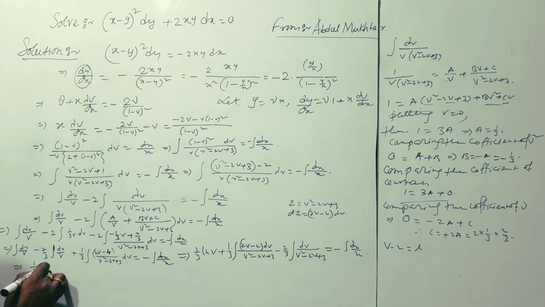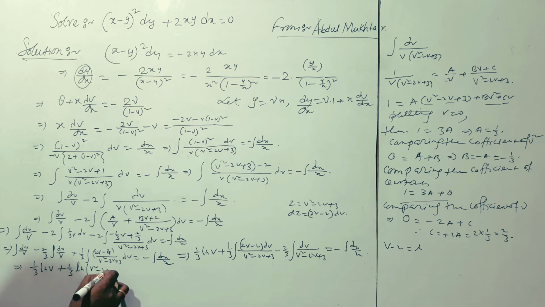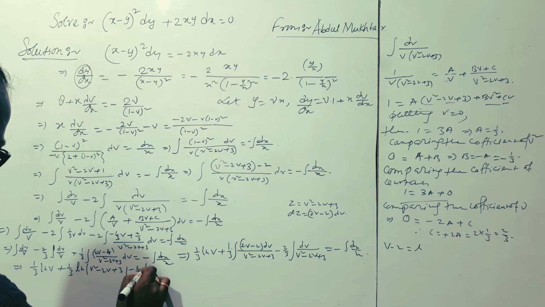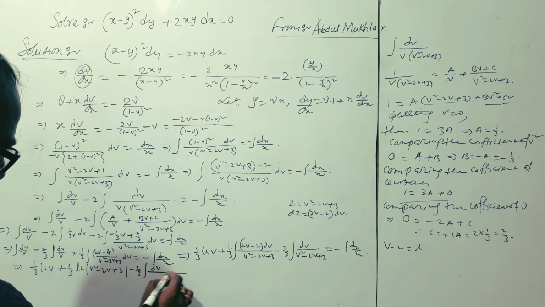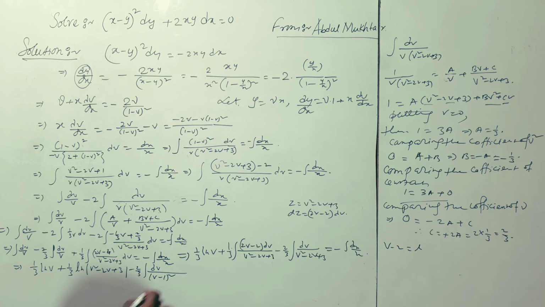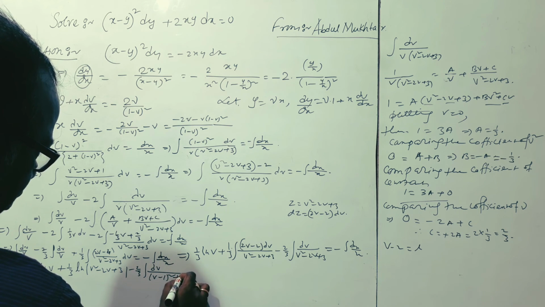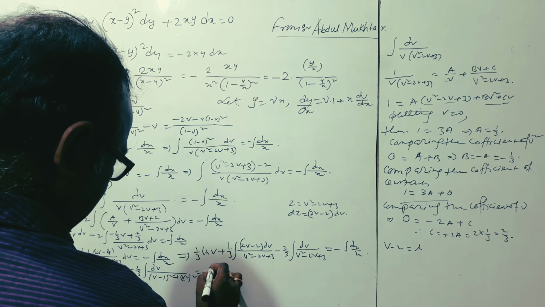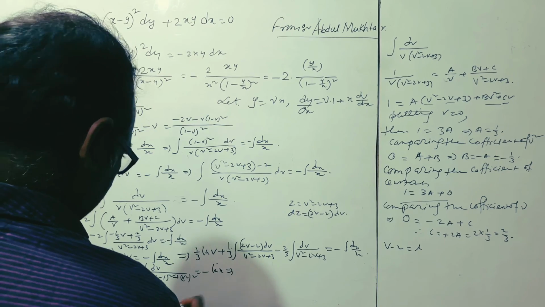One third ln v, one third ln mod of v square minus 2v plus 3, and this is here 2/3 dv by v minus 1 whole square plus root 2 whole square equals minus ln x.